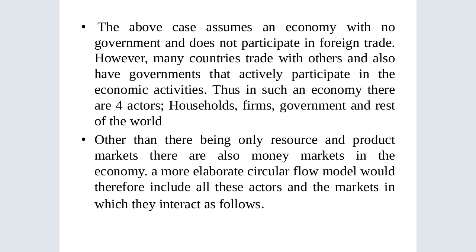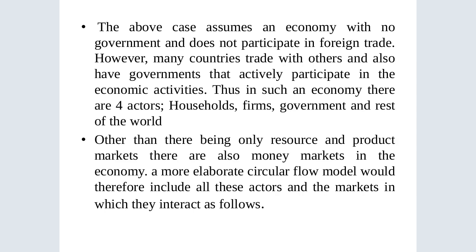Thus, in such an economy, there are four sectors. We have households, we have firms, governments, and the outside world. So other than only the resource and product markets, we also have the money markets in the economy.